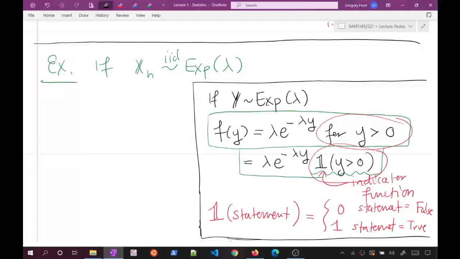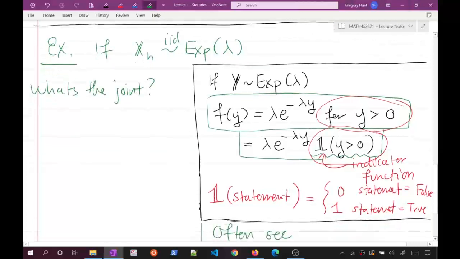Back to our main point here. Our example was we have a random sample from the exponential lambda distribution. And so what's the joint PDF? So we know that f of x tilde is the product of the marginal distributions, the x sub n's.